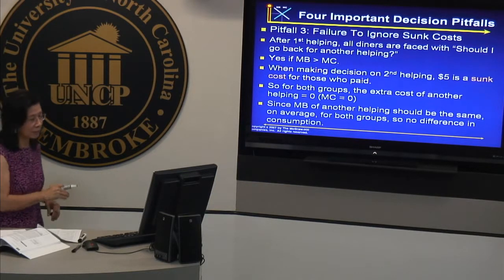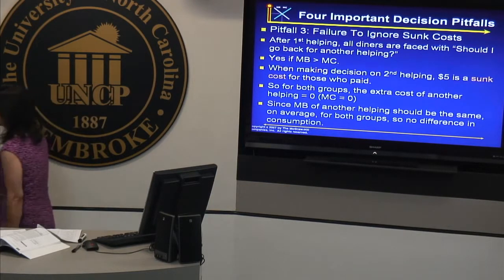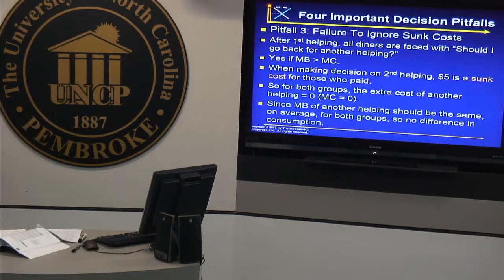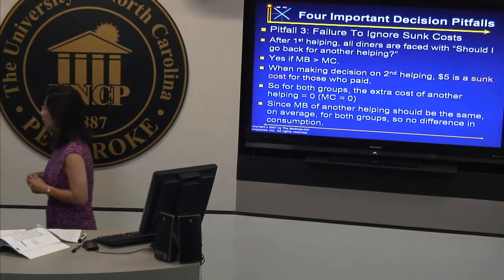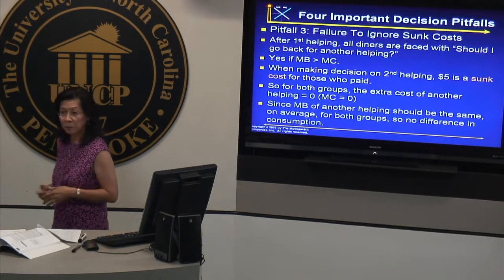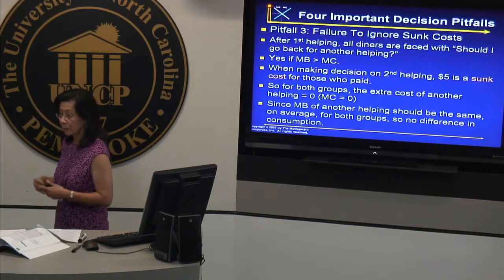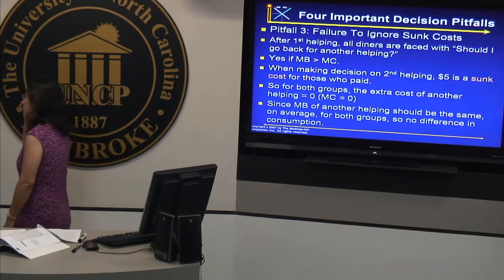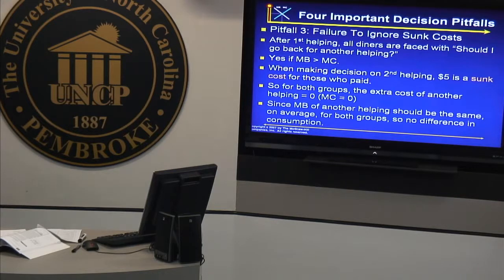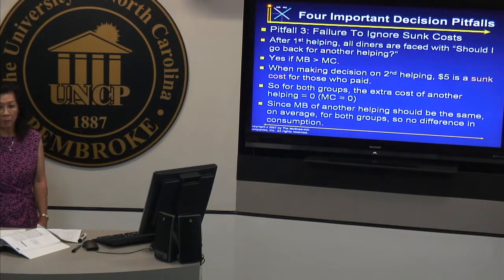So when you finish eating, you have to pay that $5. So because of that, $5 is the sunk cost for those people who are paying customers. For the other party, it's the same: it's on the house anyway, it's already been paid for. So for both groups, the extra cost of another helping is 0.